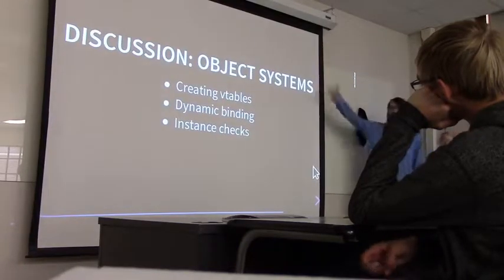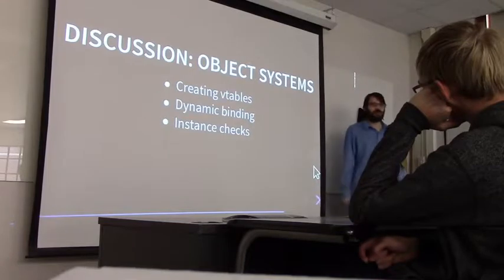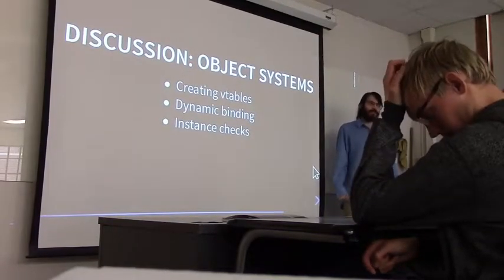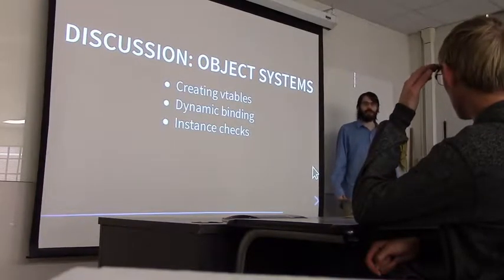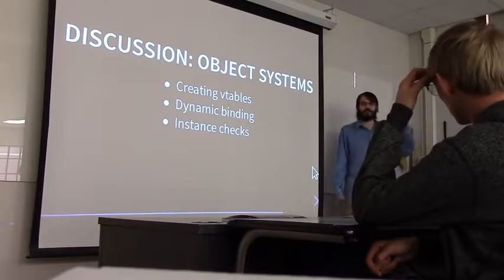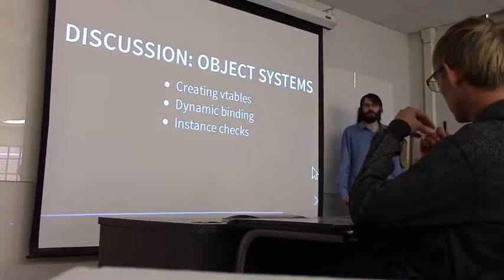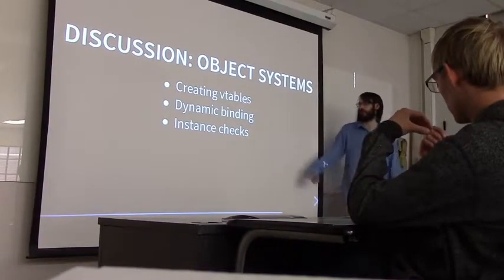So, object systems. Terra doesn't have a large object system built in like Java or Go. However, in the tests, they write a Java-like and a Go-like object system in Terra in like 200 lines of code that implements all of the features of both of those object systems, just as a test to see if it was working properly.